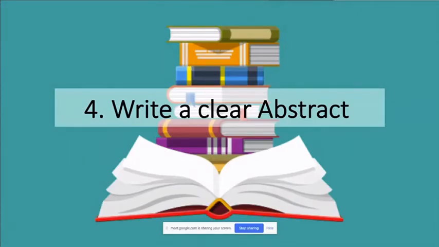Number four, write a clear abstract. Again, the abstract should be written once your paper is completed. Of course, if you're sending for a conference, you have to first start by writing an abstract to tell the organizer what your paper is about.